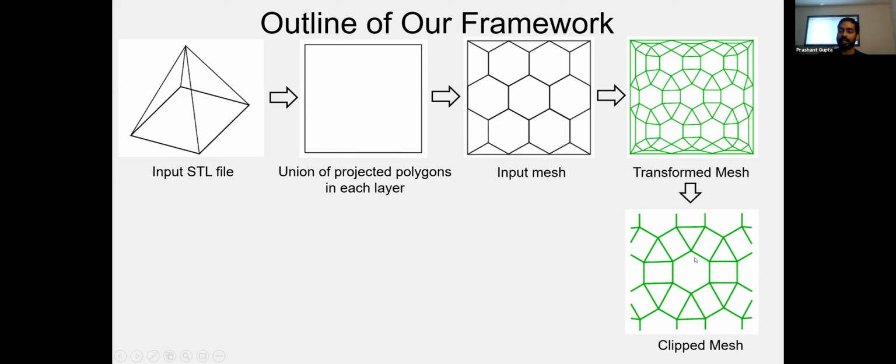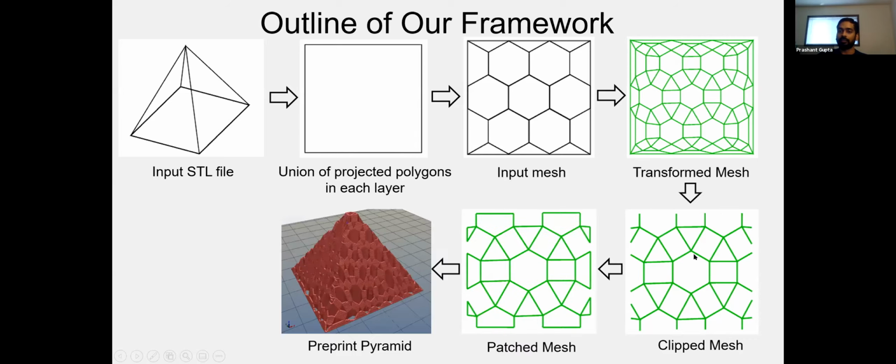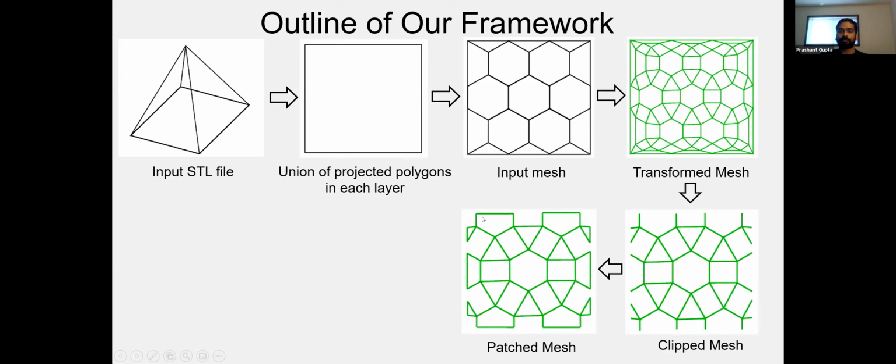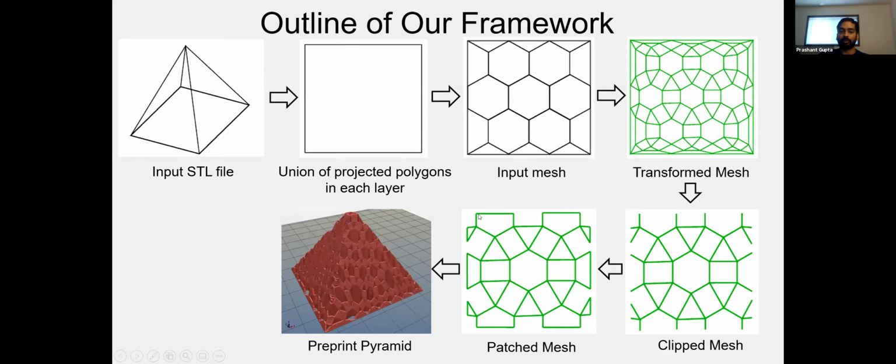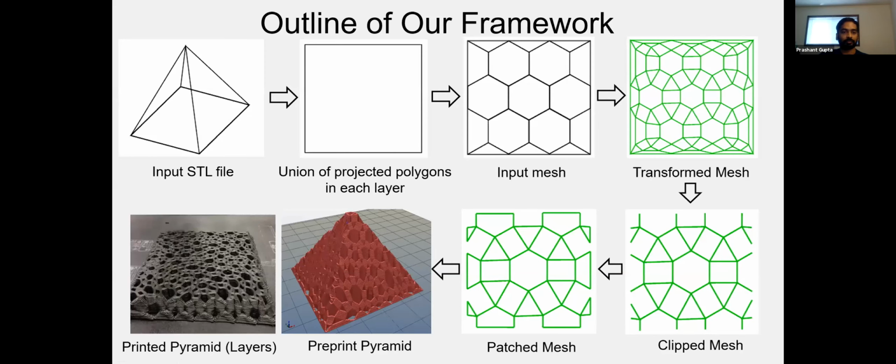For that, we are going to patch it. Once we patch it at the boundary, we have an Euler mesh. But as you can observe, the boundary vertices are at degree 2 now. And we can repeat this process for each and every layer and we get a pre-print parameter. We had also printed a couple of layers for this.